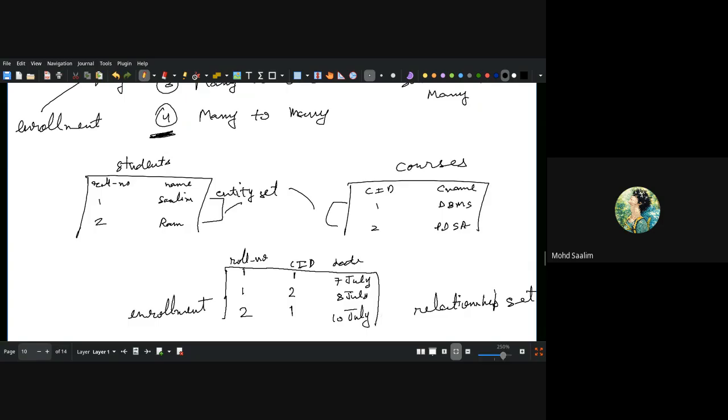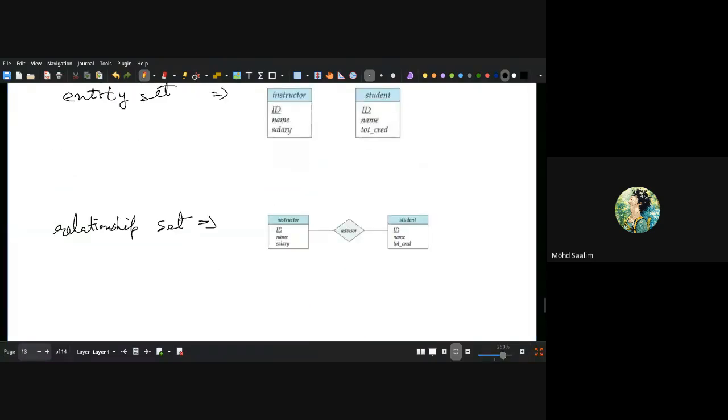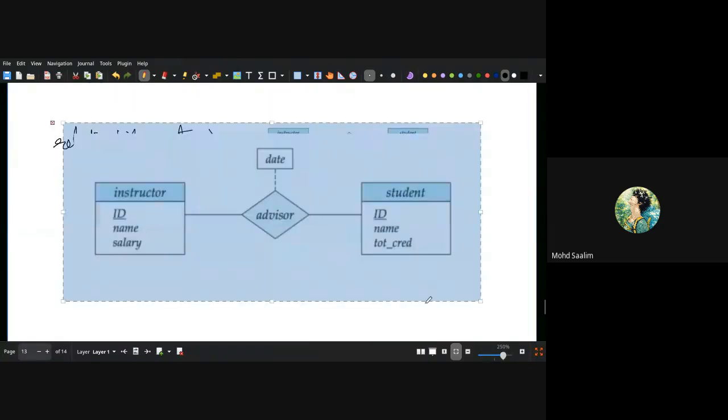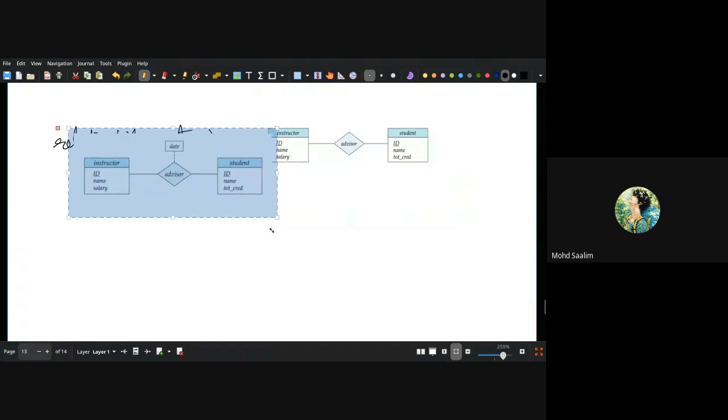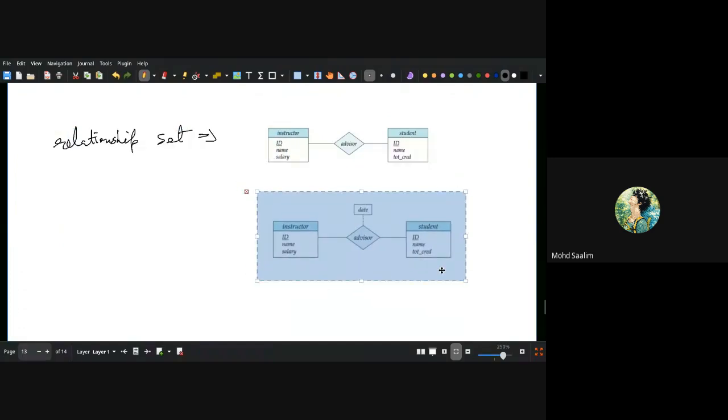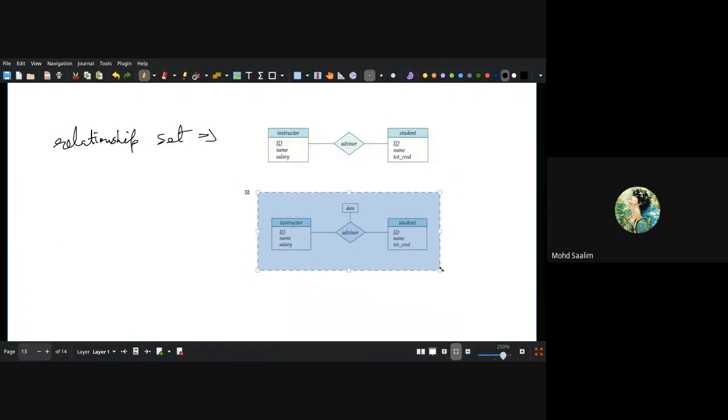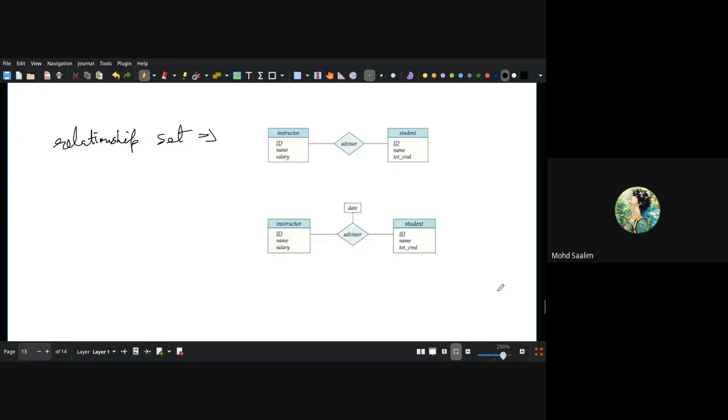So if you want to show these custom attributes, you can show them in this way. Okay, you can see nothing is changed. Just above this diamond, you see we are not determining ID and this ID.